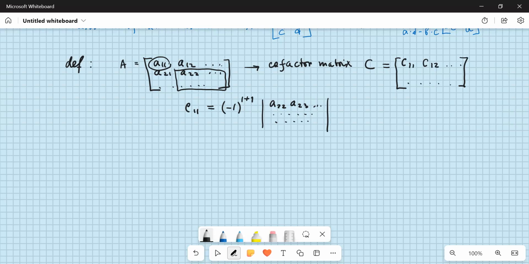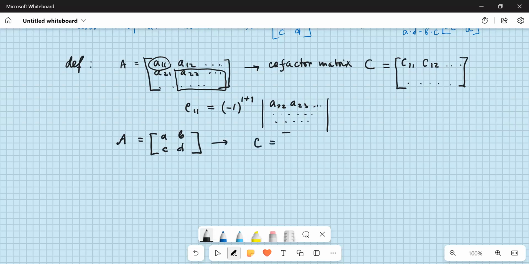Maybe as an example, let's find the cofactor matrix for a 2 by 2 matrix. Let's imagine that we have matrix A, which is just 2 by 2: A, B, C, D. What is going to be the cofactor matrix for it?